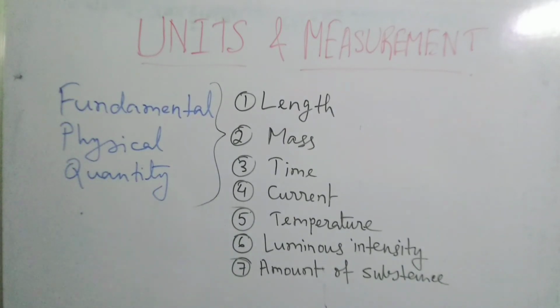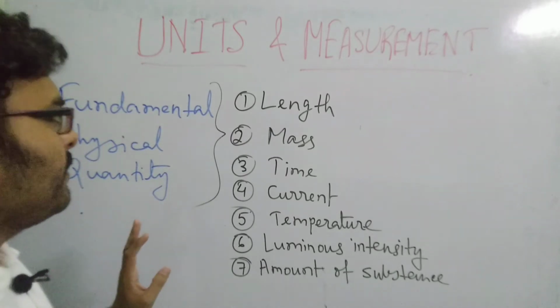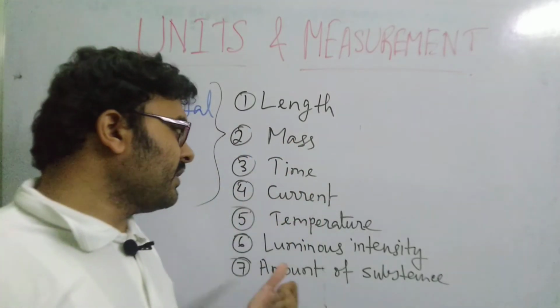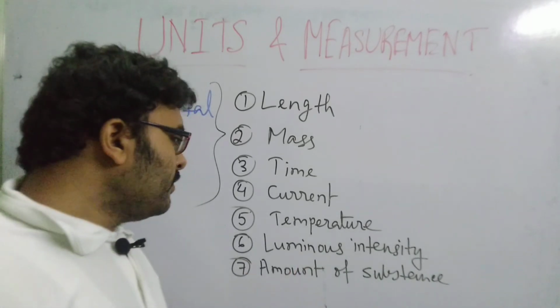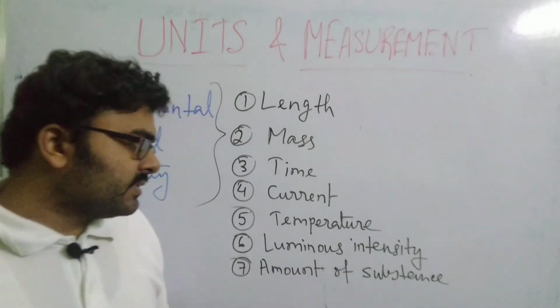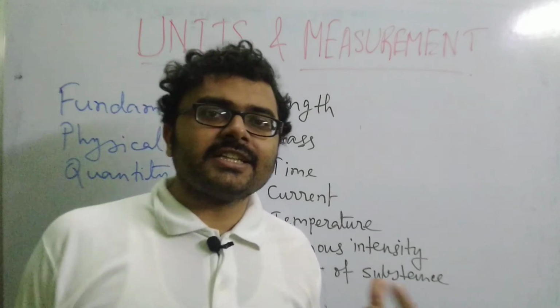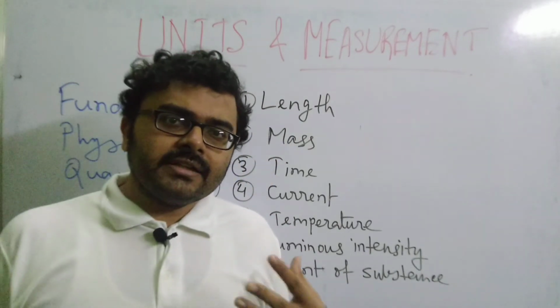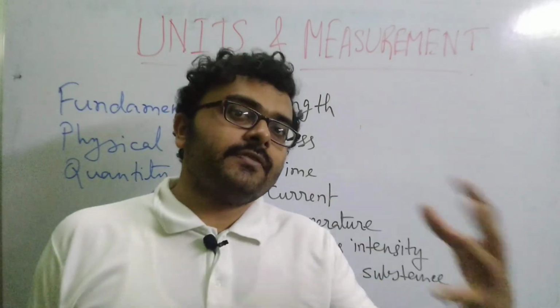Many of you know the first 5 physical quantities: length, mass, time, current and temperature. What about luminous intensity or amount of substance? Luminous intensity is a measure of the brightness, the intensity, of a light source.